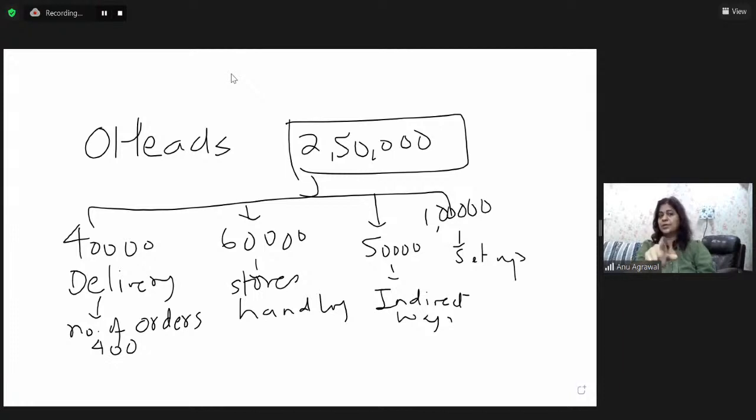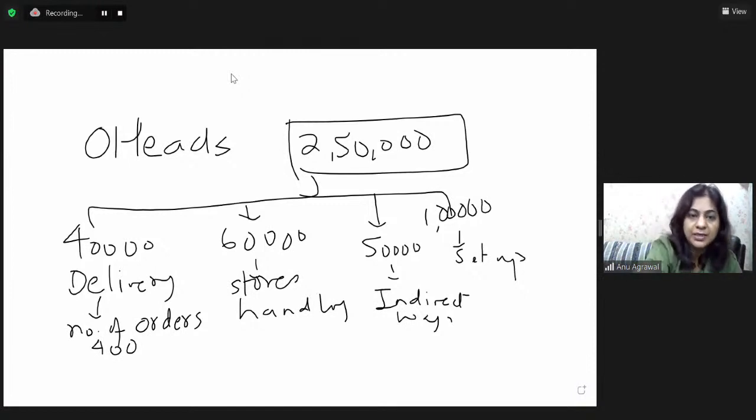Then we looked into the next expenditure, stores handling. What do you mean by store handling? Why will store handling expenditure happen? When I put up a requisition, I say I need so much material. So the number of times a material requisition form is put up, you incur these expenses.